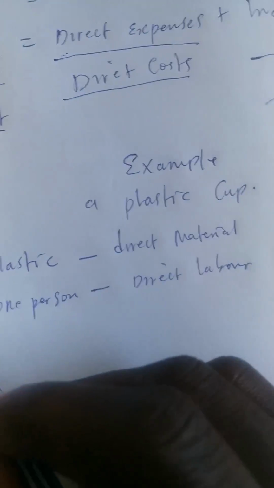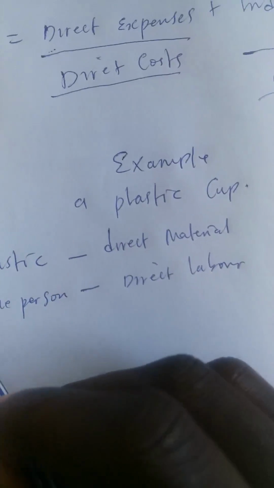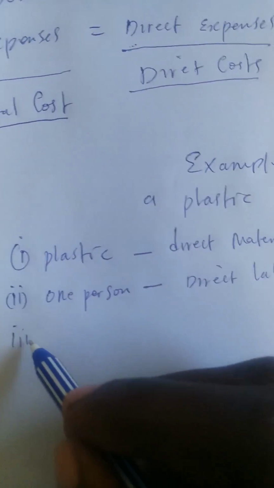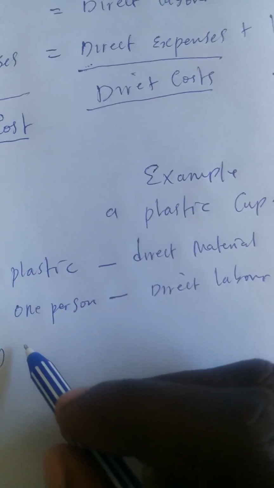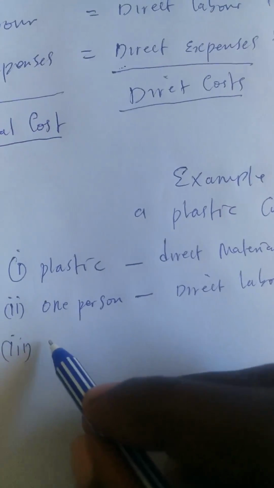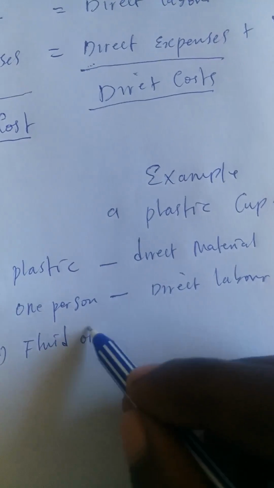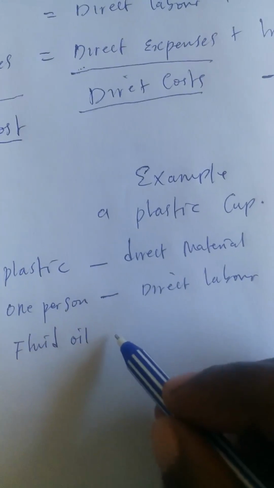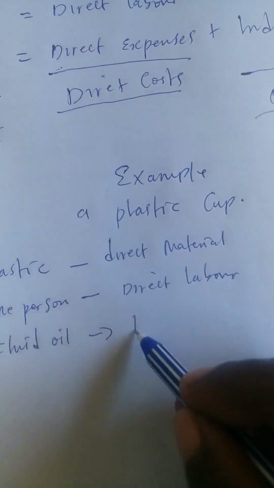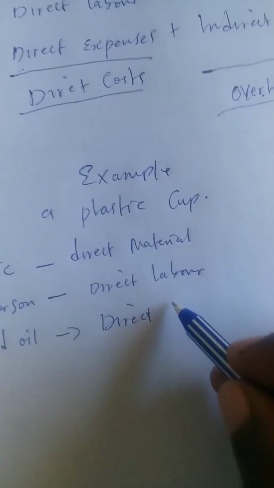Then direct expenses. We are going to have, maybe you need some fluid or oil, or anything else. That's what we are calling direct expenses.